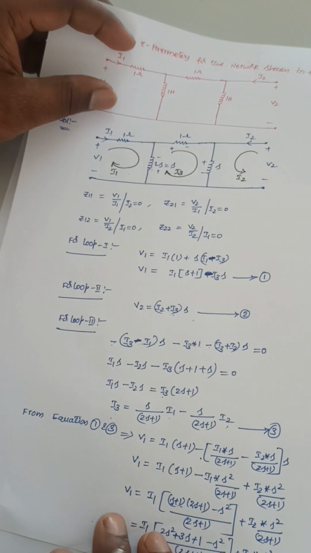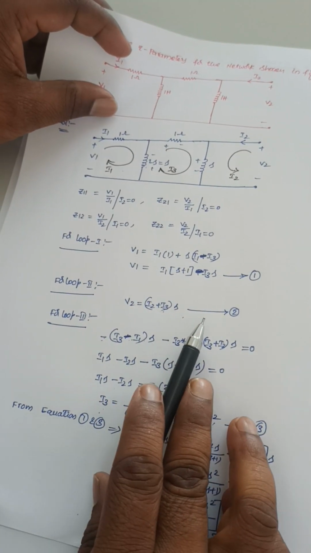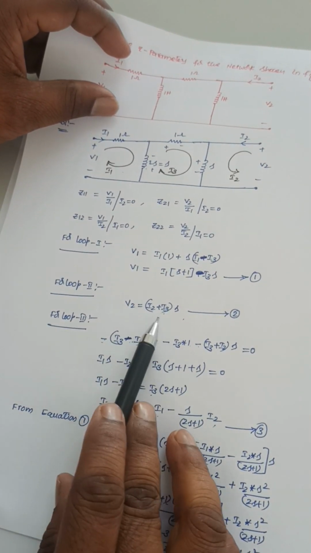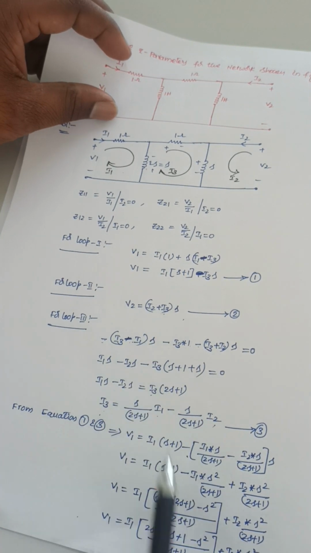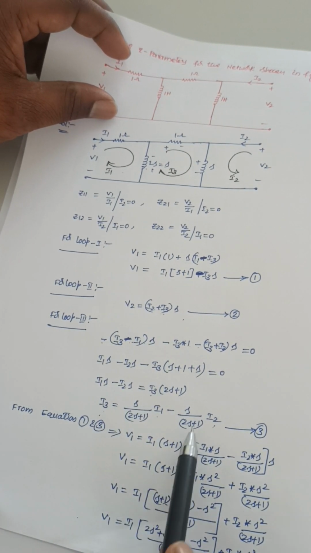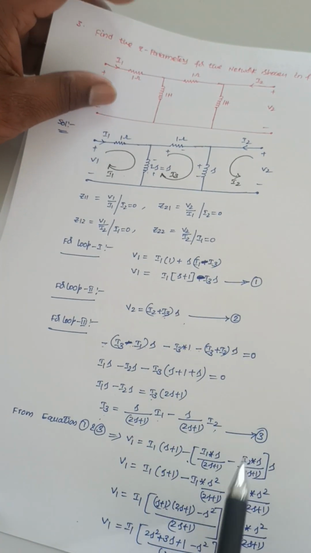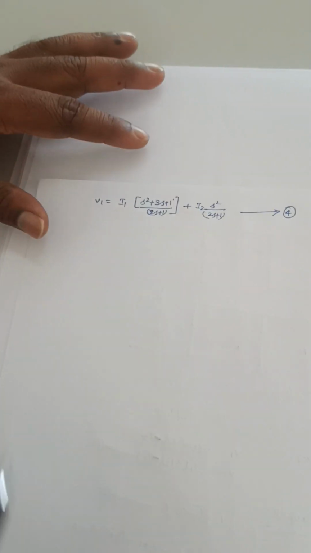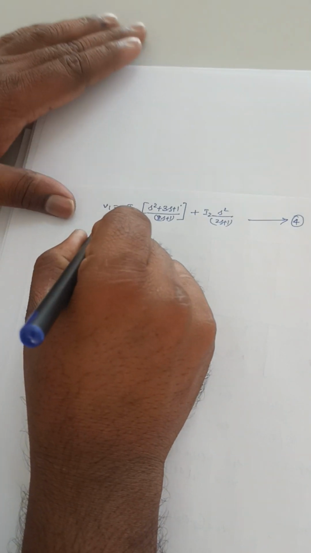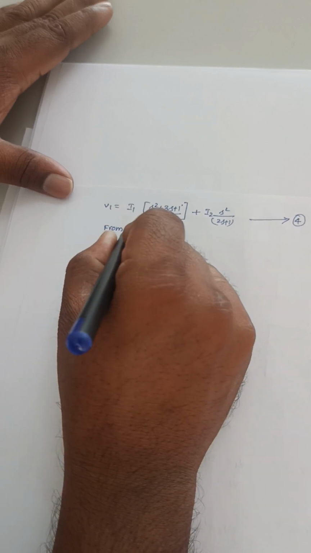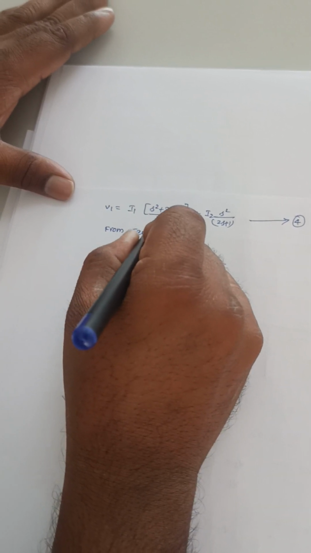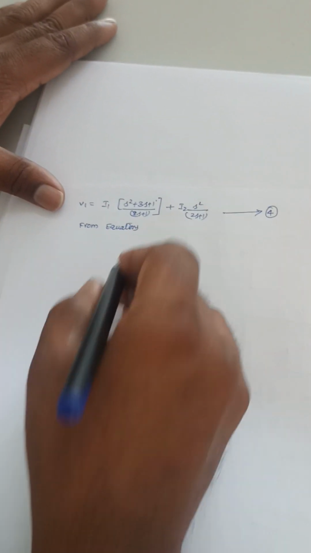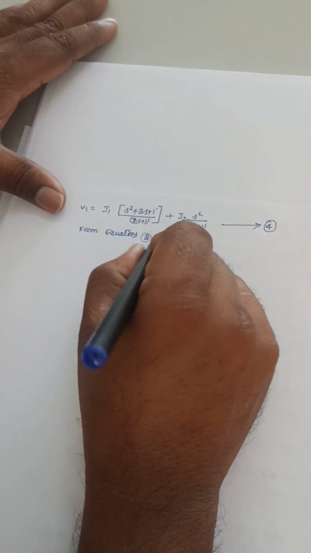Now I need to write equation number 2 also in terms of I1 and I2. So replace this I3 using equations 2 and 3.